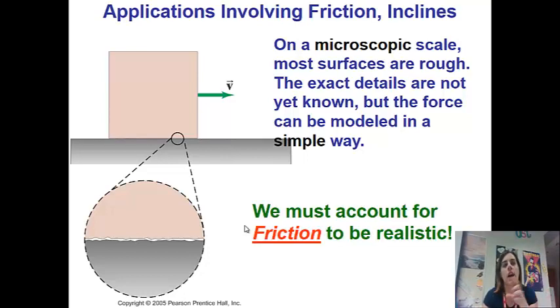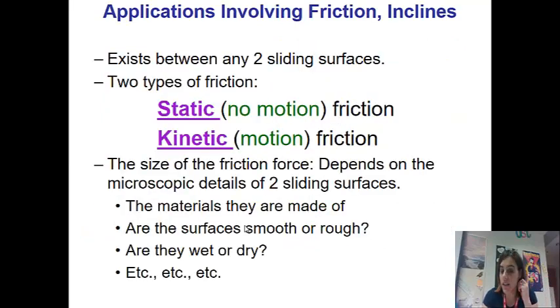Friction is always going to act opposite the direction of motion. Two types, static and kinetic. Static, you're not moving yet. Kinetic, you're moving. Static friction will build up and peak right before you can get an object moving. So if you've got an object and you've just started pulling it, the static friction will be equal and opposite whatever you're pulling, until it reaches its maximum, which is the maximum coefficient of static friction for two given surfaces.